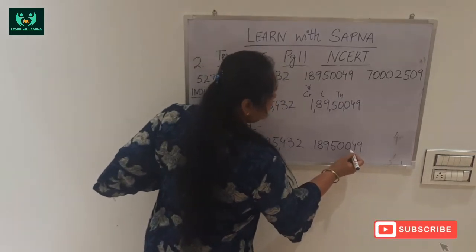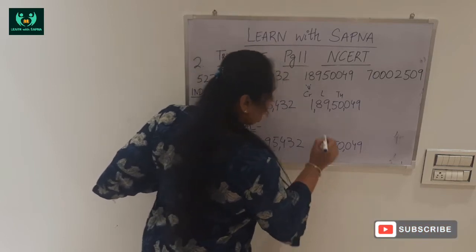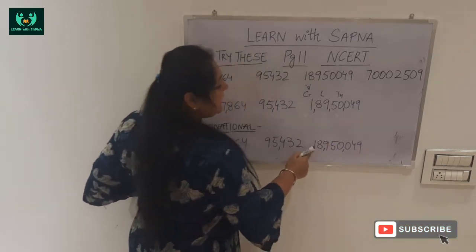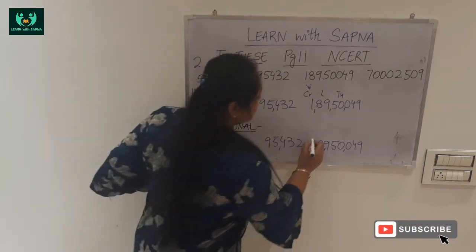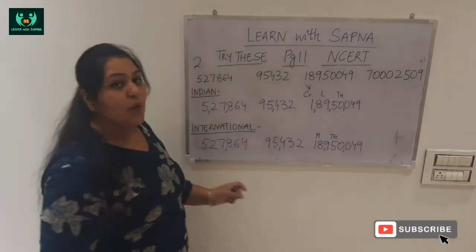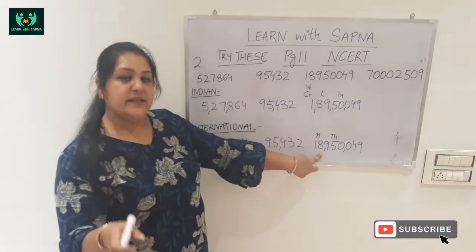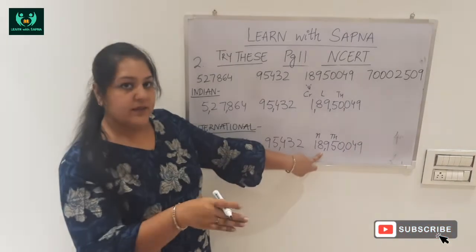When it comes to this notation, what happens? Ones, tens, 100, comma, 1,000, 10,000, 100,000, comma. Then it becomes million and 10 million. In this notation, this is million, this is 1,000, and these are your 3. How will we read this one? 18 million. In million also we have ones, tens, and thousands, hundreds.